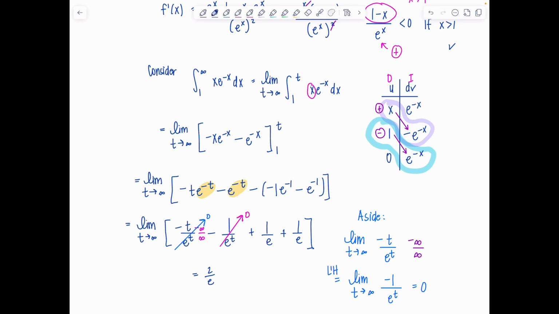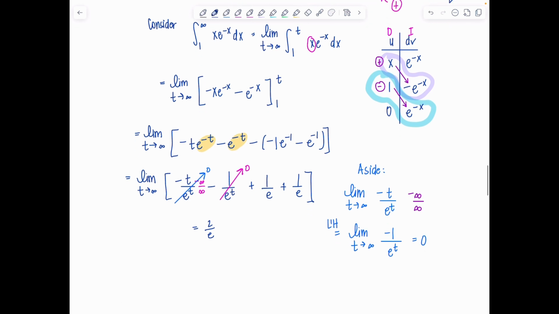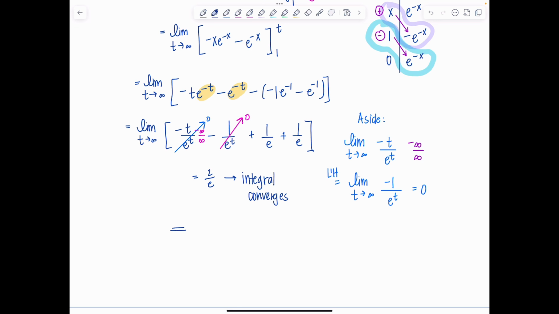If it's a finite number, that tells me the integral converges. So then what do I know about the original series? The sum, k equals 1 to infinity, k e to the negative k, also converges by the integral test.